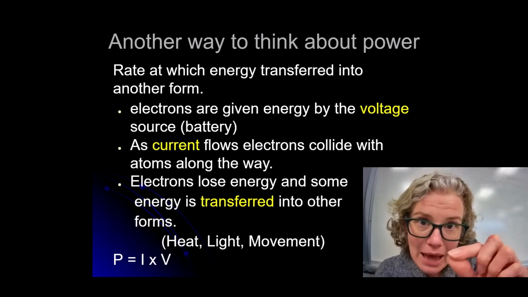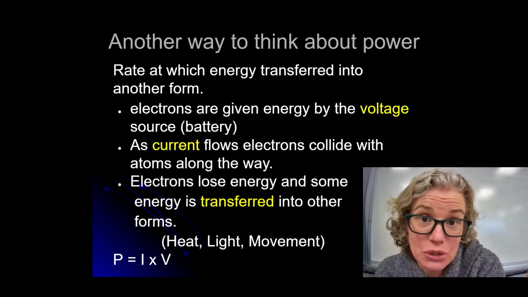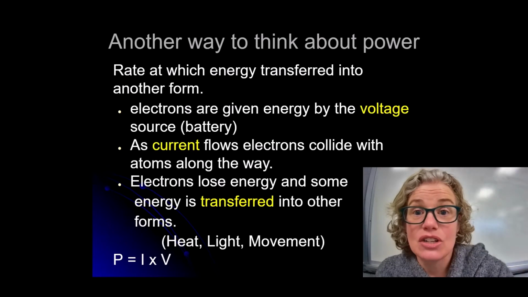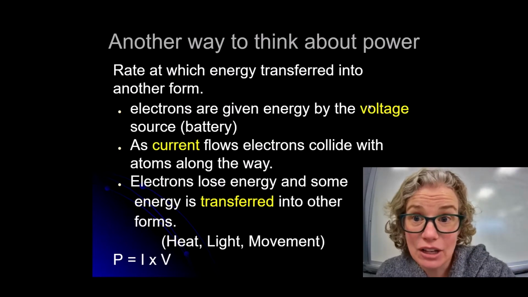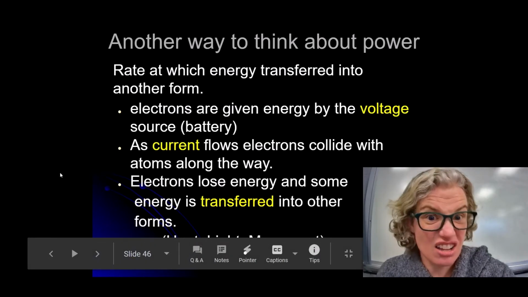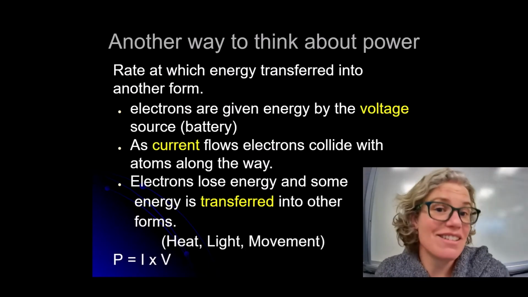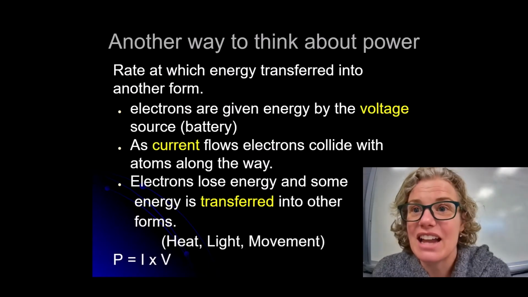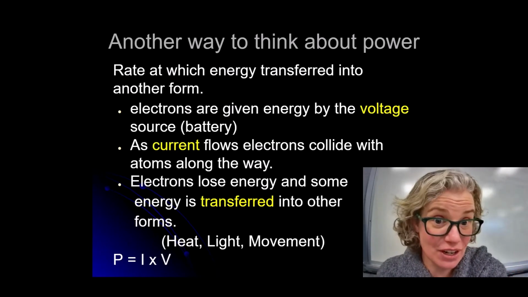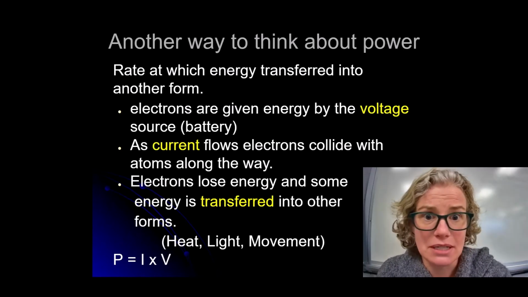That slows them down, and they give energy off when they do that. They transfer their energy into heat or light. If you look at the words I highlighted in yellow, we've got voltage and current and energy being transferred. That's kind of the equation of power, isn't it? Because power equals current times voltage, and we're looking at the rate at which energy is transferred. So that made the definition make a little more sense to me.